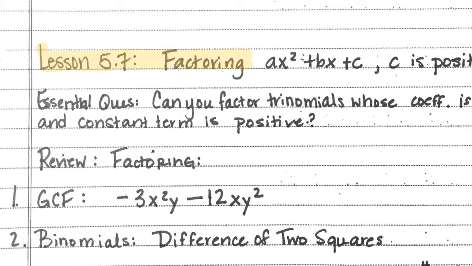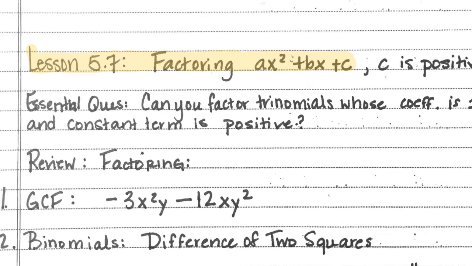This time we're using ax squared plus bx plus c, where c is positive. So right there it says c is positive. So see this c right here? That has to be positive. Our essential question today is, can you factor trinomials whose coefficient is 1?